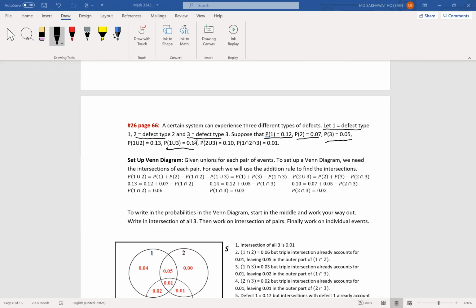And the probability of 2 union 3 means the system has either defect 2 or 3. And the probability of 1 intersection 2 intersection 3 means the system has all 3 defects.